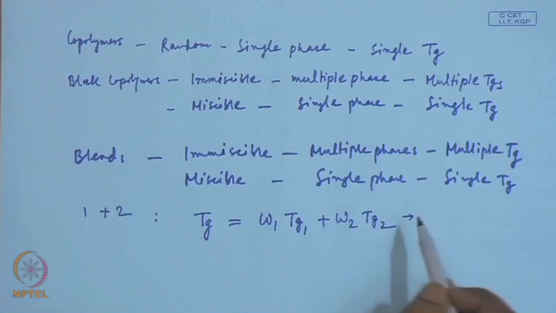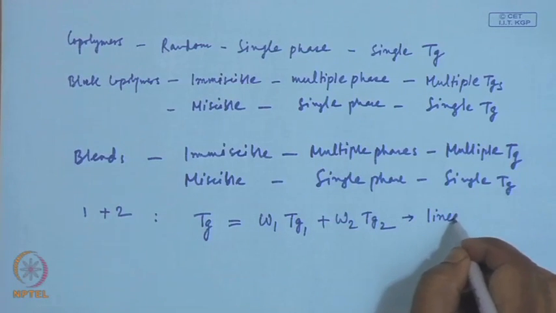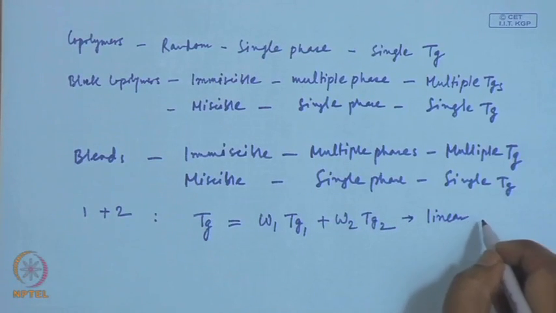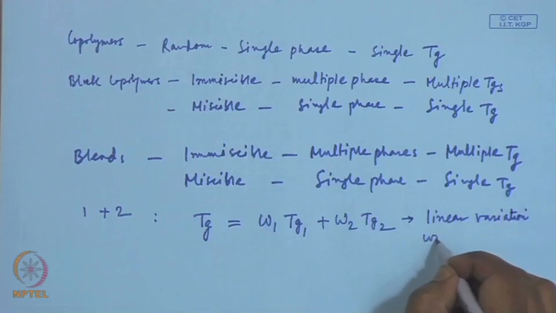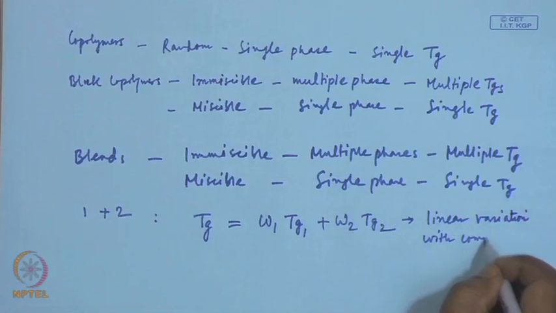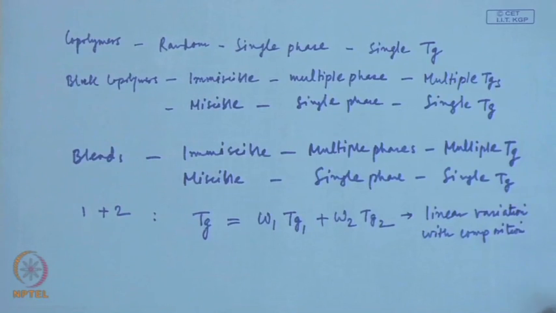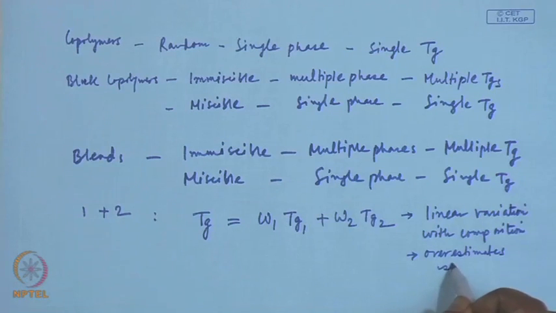Now, this equation gives a linear or straight line variation with composition. So, if you vary composition, you get linear variation by this equation. Generally, this overestimates the Tg of the copolymers or blends slightly.